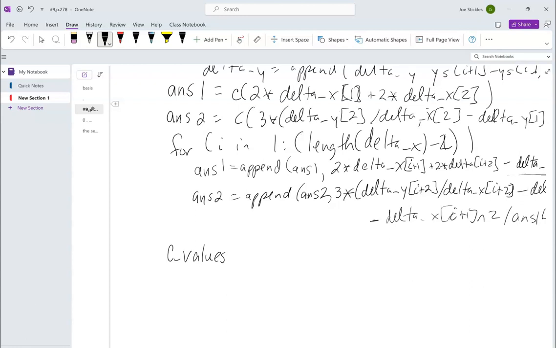Remember we also have those dummy values that are in there, but it doesn't really matter. We should be able to get our list of C values here. Let's just initialize it to blank to start with.